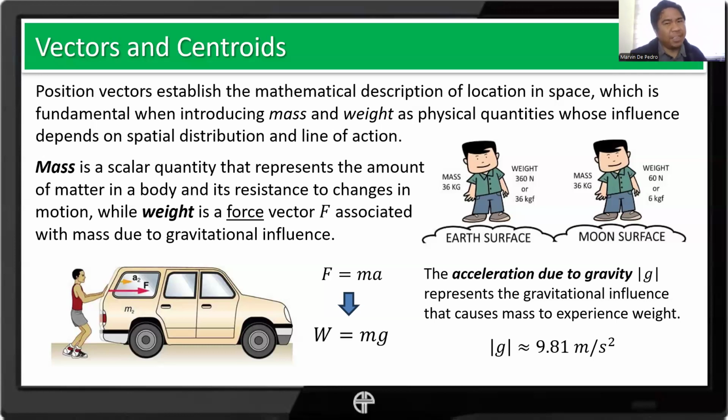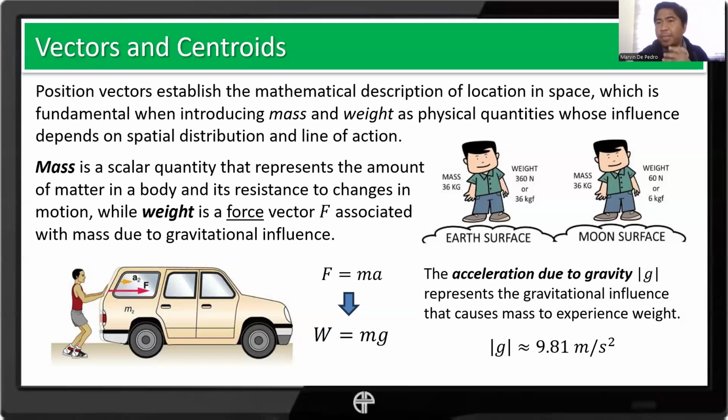In common language, we use them synonymously with each other. We are interchanging them. But if we get more technical, we shouldn't do so, because mass is a scalar quantity that represents the amount of matter in a body and its resistance to changes in motion.